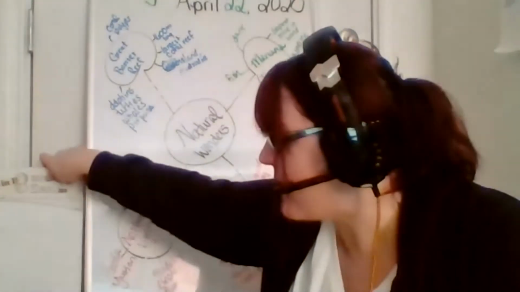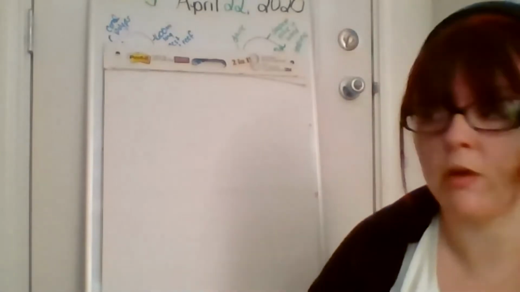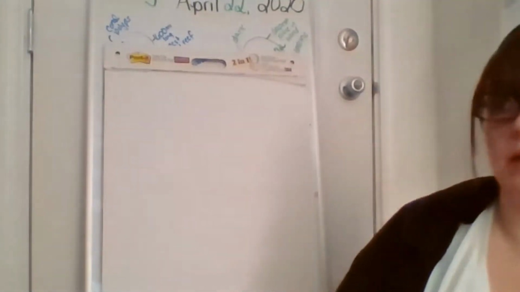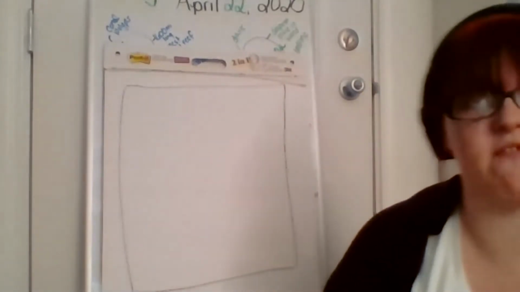Now, the last thing that I want to show you before we sign off is the plan that you're going to use. So if you want to jot this down, that was the wrong marker. What I'm going to do is take my pencil and on a piece of paper, draw a big box. Nothing fancy.